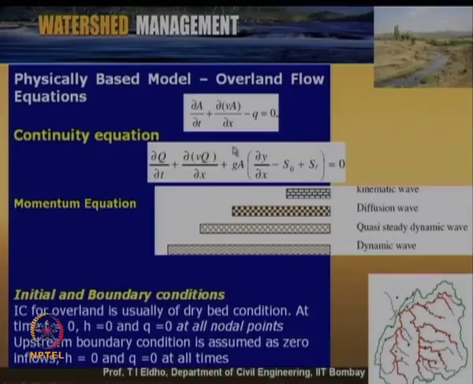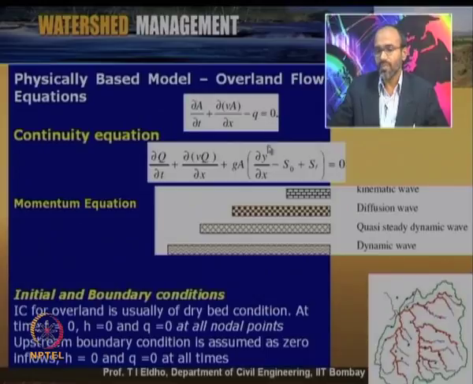As we discussed, this is for overland flow modeling. When we consider only the continuity equation and equate the bed slope to the energy slope, that kind of modeling is called the kinematic wave.